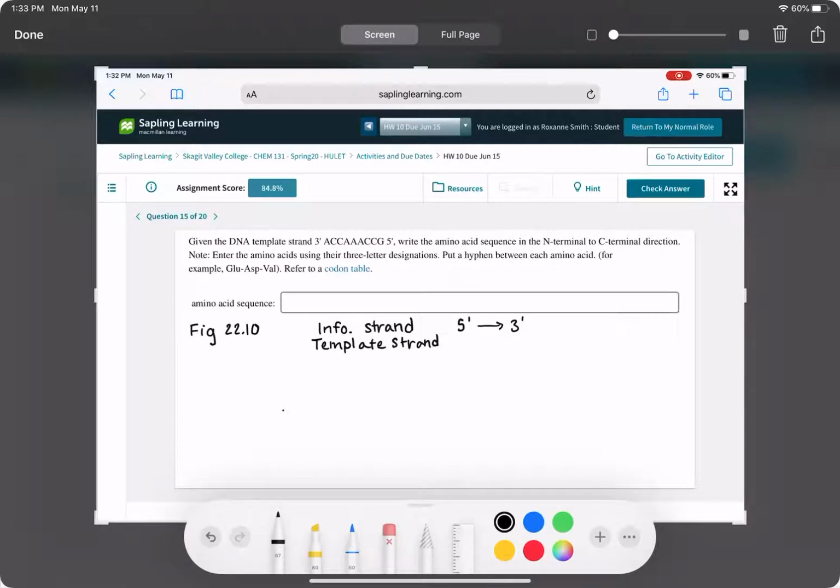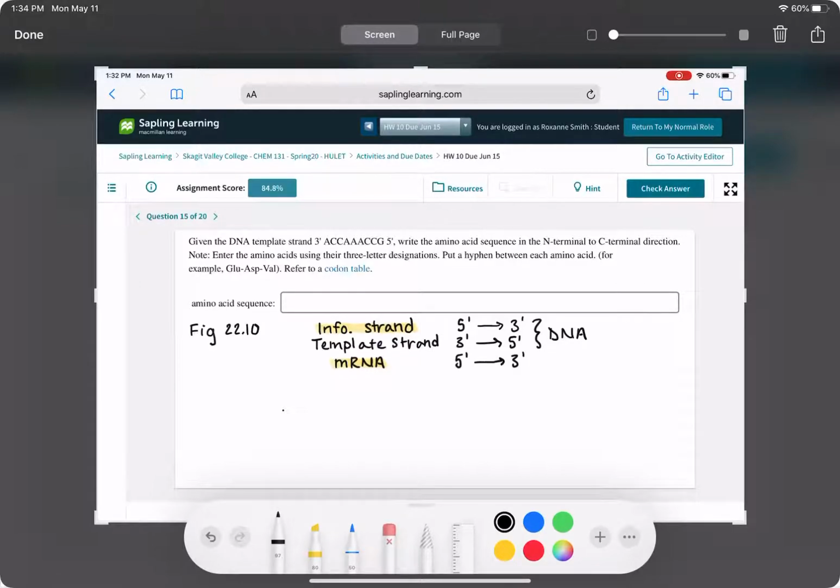Then from that, we have the template strand. Both of these are the DNA. The template strand is the one that's actually read as the mRNA is being synthesized, because the mRNA wants to be a replica of the informational strand. So the mRNA needs to read the template so that it can mirror the informational strand.